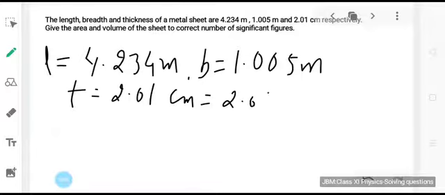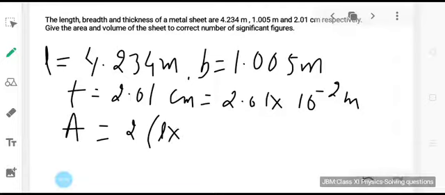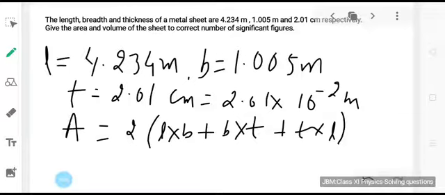So this will be 2.01 into 10 to the power minus 2 meter. So area, if I denote it with A, that will be given by 2 into (L into B plus B into T plus T into L). This is the formula for area of the sheet.